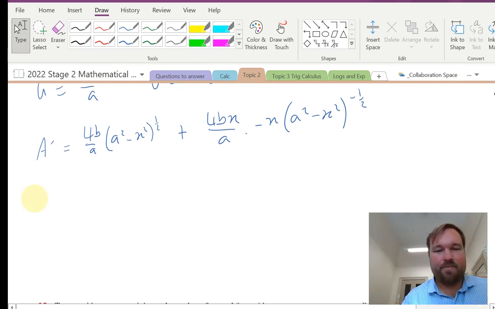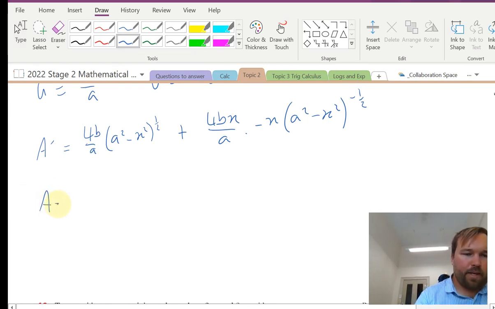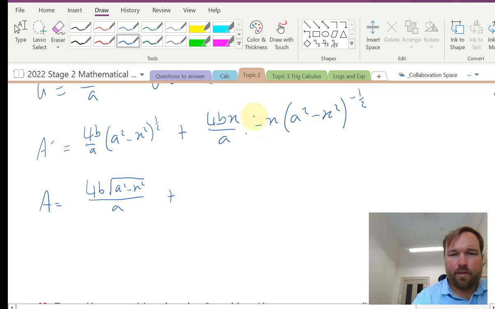Alright, we need a little bit of tidying here. Quite a bit of tidying. A dash equals 4b root a squared take x squared on a plus. Actually, that minus at the front is going to turn this into a minus 4bx squared on a.